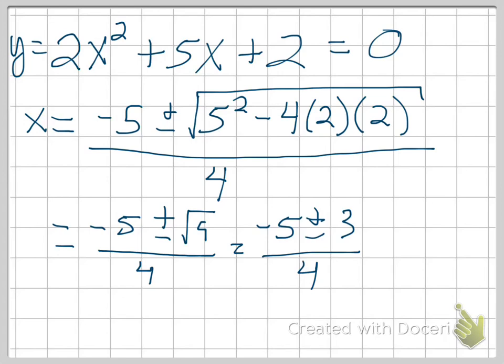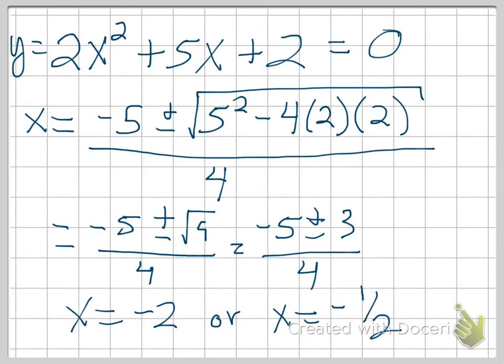Okay. So let me see, what's this going to give me? This is going to give me x equals negative 2 or x equals negative 1/2. Okay. So that's one way of finding the zeros.